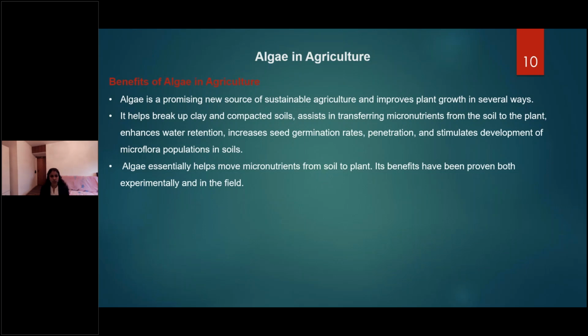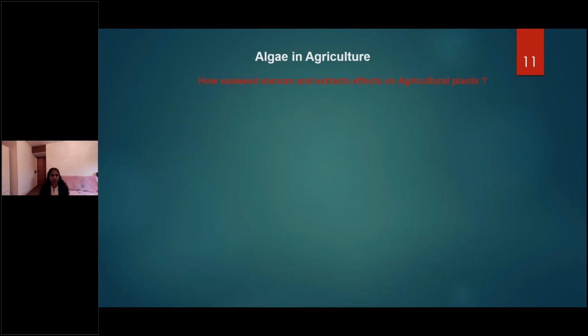It enhances water retention, increases seed germination rates and penetration, and stimulates development of microflora populations in soils. Algae essentially helps to move micronutrients from soil to plants. Its benefits have been proven both experimentally and in the field.